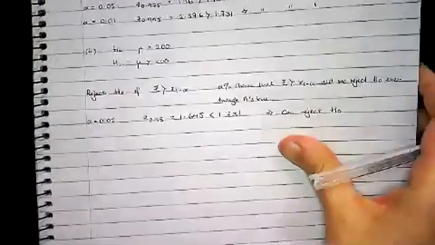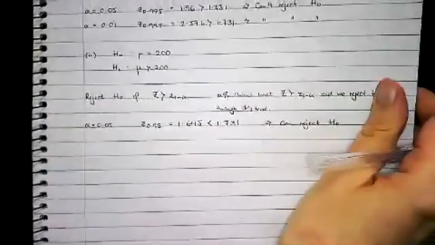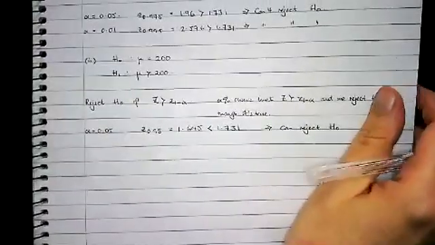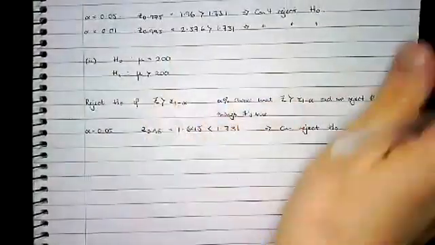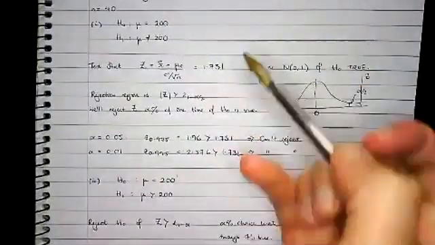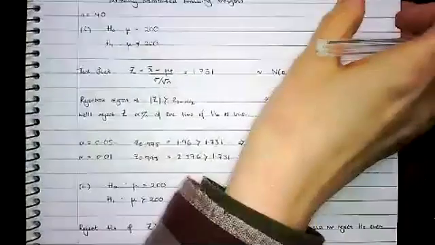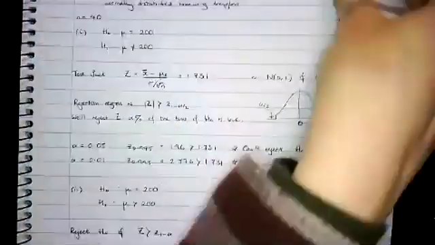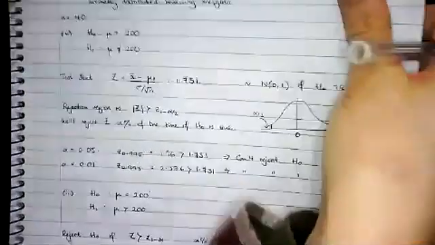It just means that the chance that this value of z naturally occurred, so the probability that z was this big when H0 was true, was less than 5%.